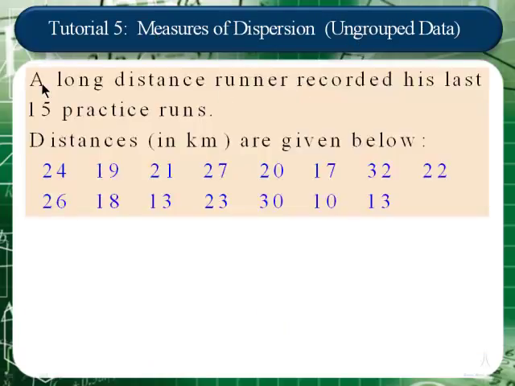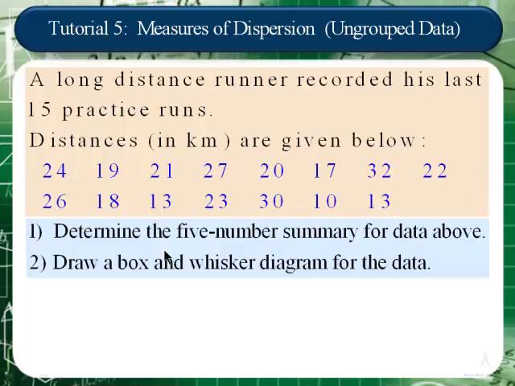In tutorial 5, the focus is on measures of dispersion for ungrouped data. Now, a long-distance runner recorded his last 15 practice runs, and the distances in kilometers are given here.